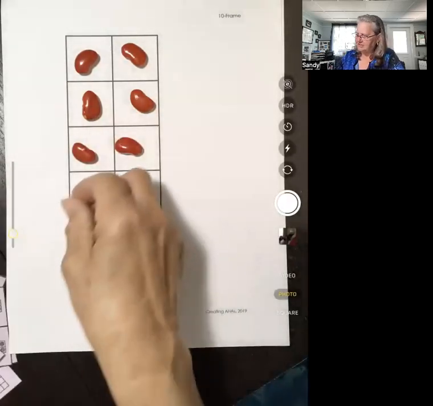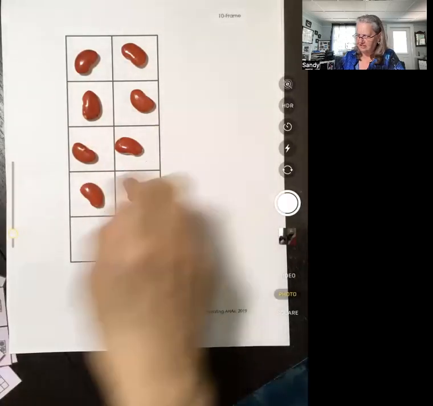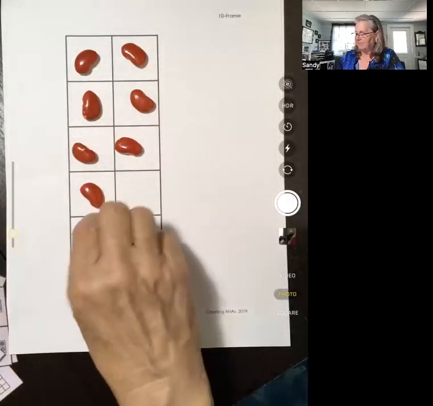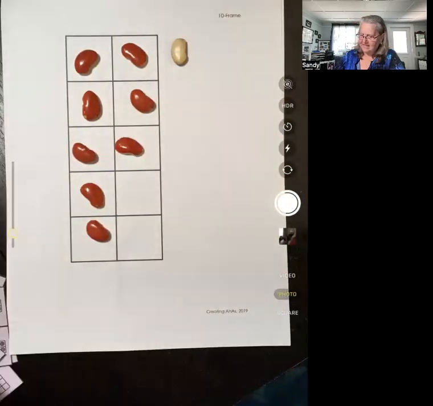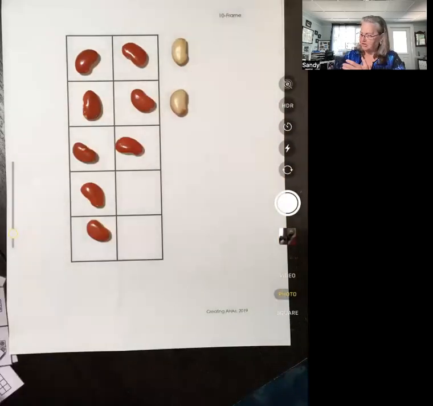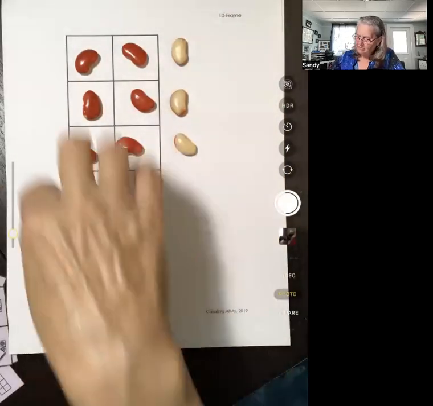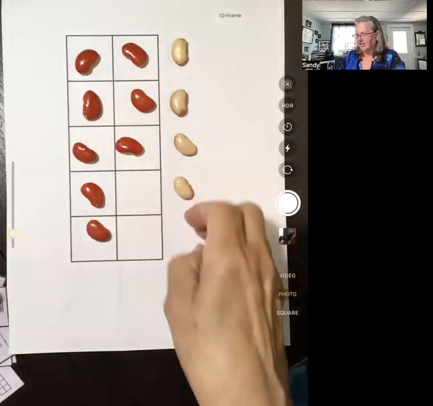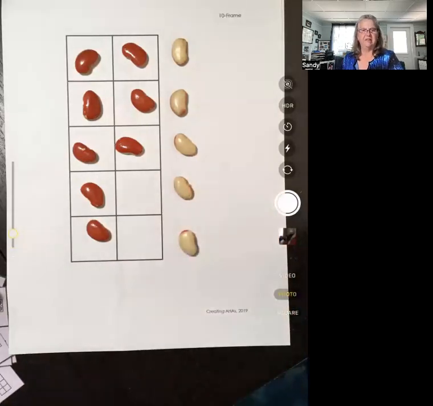Now, do you notice, teachers, if you're watching, how I'm using single color inside the frame? And part of the reason for that is if some of your students are like me, when I have a mix of colors in there, I start to see all these part total relationships, where a single color is just a cleaner image to me.